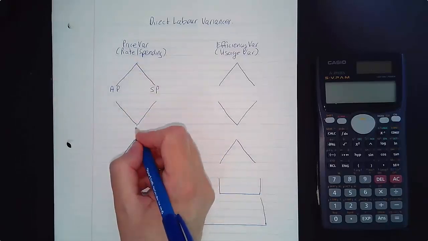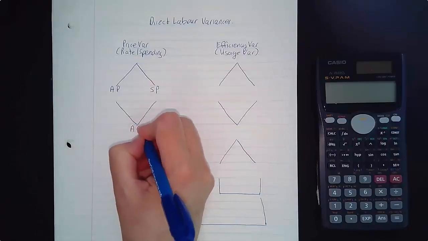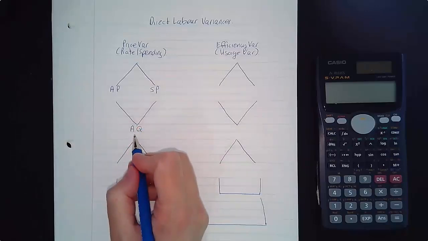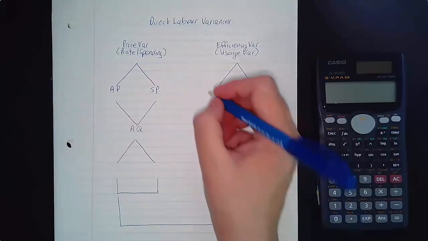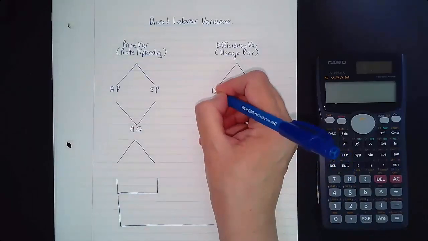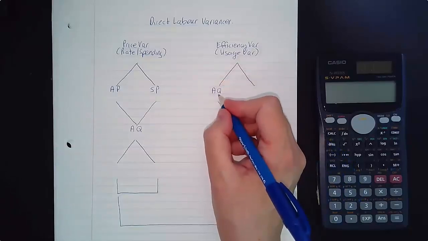What do I have to do at the bottom of that first diamond? I'm going to put in the actual quantity, so the actual number of hours that my employees worked. Move over to the efficiency variance. I'm going to use my knowledge of left to right again, A to Z. A comes first, so this is going to be the actual quantity that my employees worked in the diamond left-hand side.